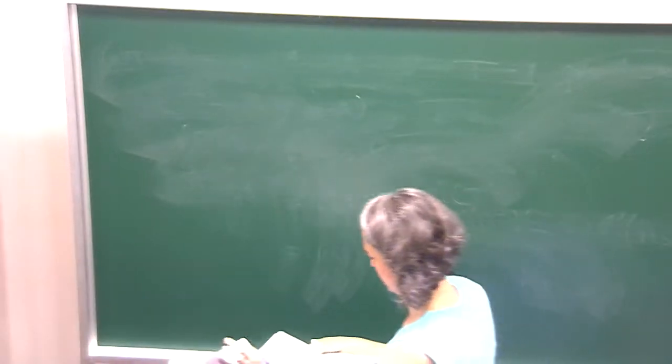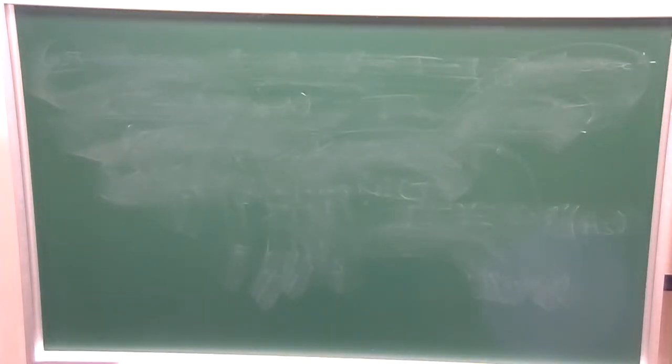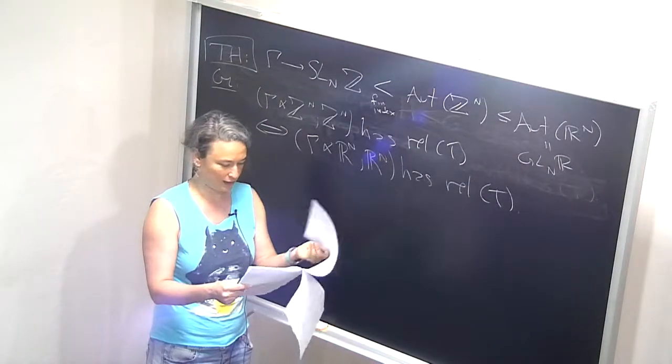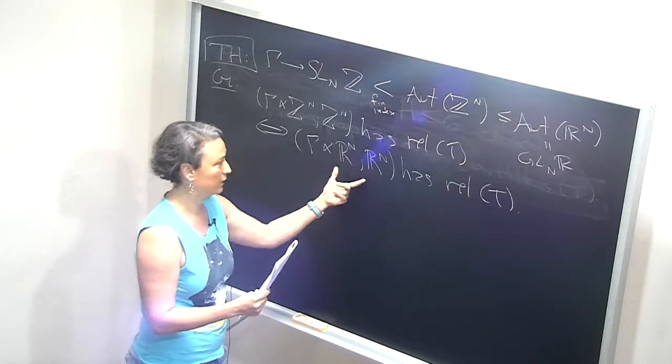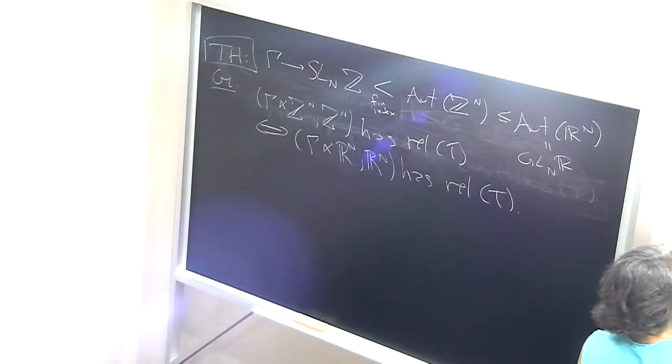Okay, so let's see. I want a condition that's going to tell me about the relative property T for this pair. And that's going to come from Berger's criterion.